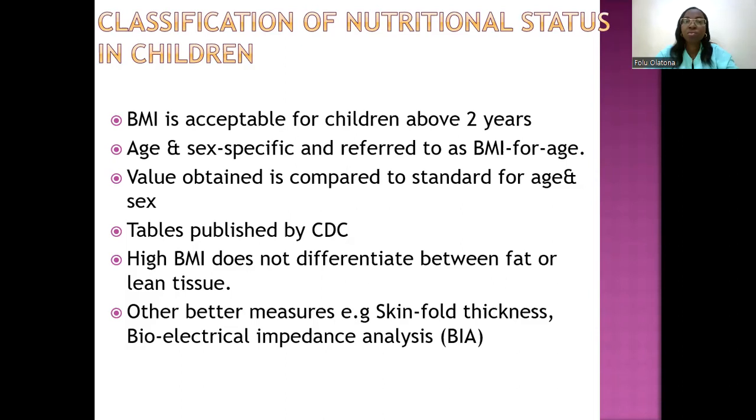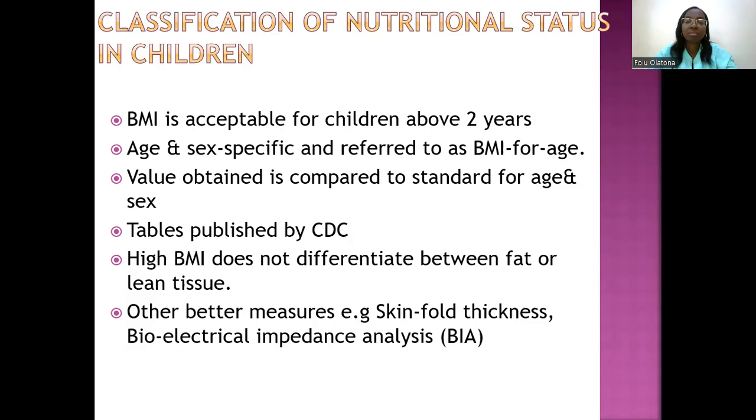So some people will argue and say BMI is not sufficient to determine nutritional status because the weight that you are getting can be based on fat. It might not be fat, it might actually be lean tissue, it might be muscle, and all that argument can be resolved if we use other measures such as skin fold thickness and bioelectrical impedance analysis.